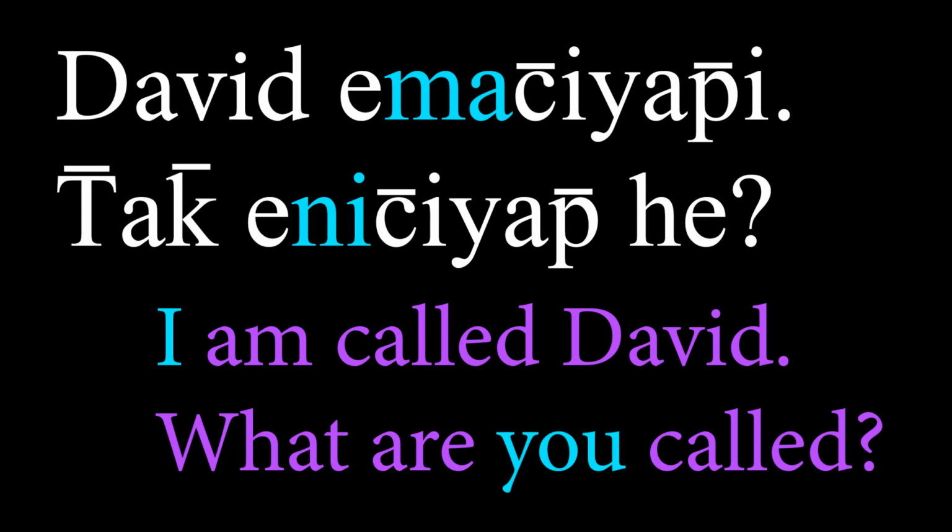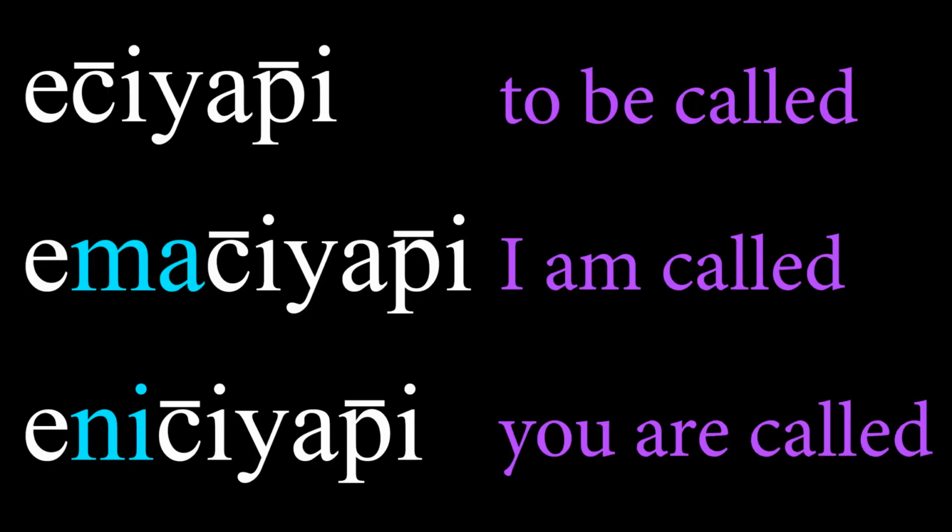There was a ma conjugation there too. The root verb was echiapi, that means to be called. And then when you say I am called, you say emachiapi. See, there's a ma in there. Then when you say you are called, then that ma transforms to ni. N as in no and the letter I. Enichiapi. You see, that's how that goes. So the conjugation process continues on like that.